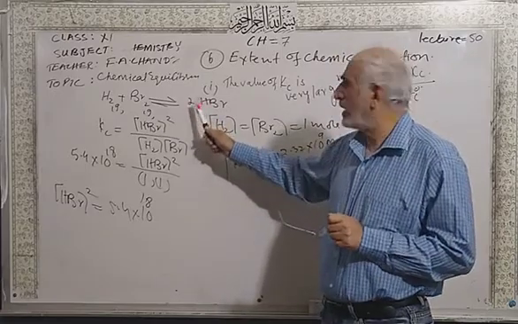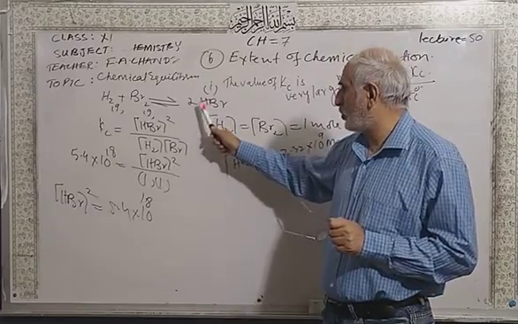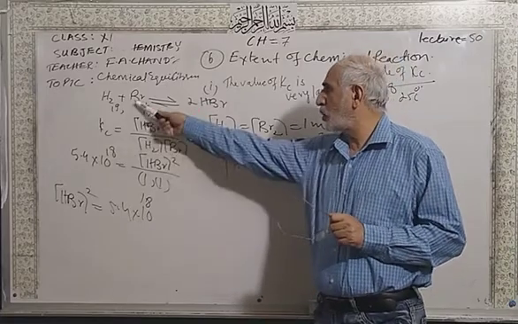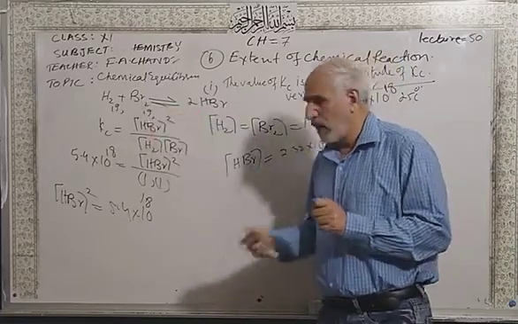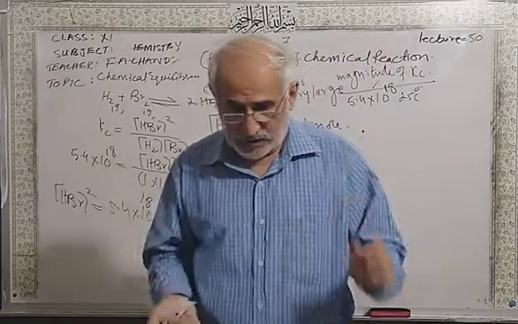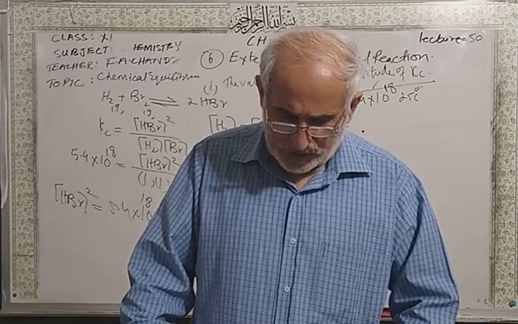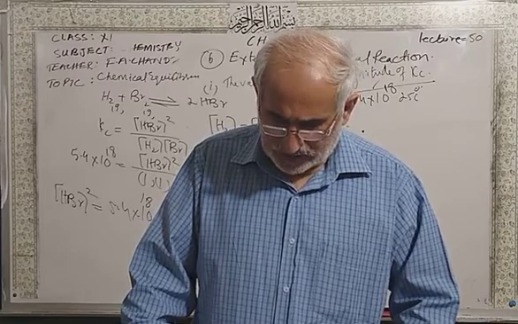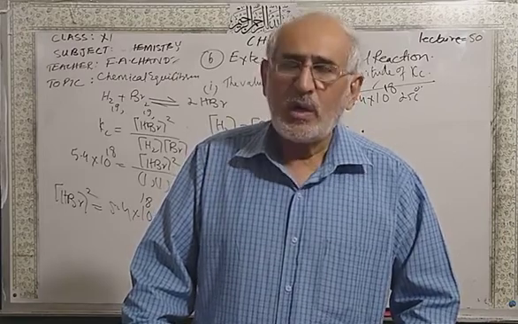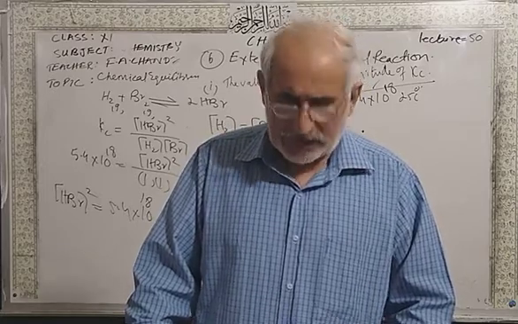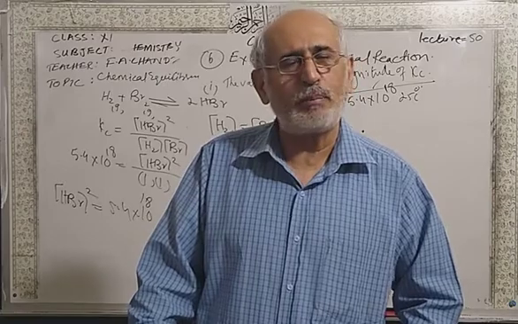Mainly products means hydrogen bromide is much more present in the equilibrium, meaning total conversion of reactants towards products. The large value of the equilibrium constant indicates that the reaction goes virtually to completion.